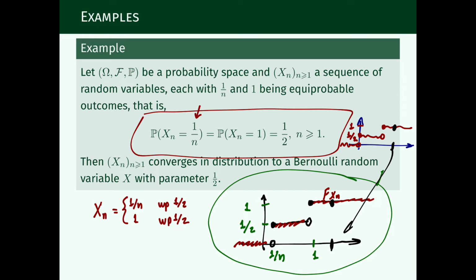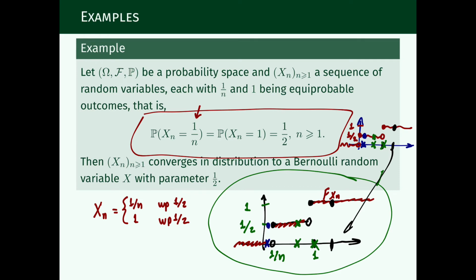If we fix any point smaller, then it also converges, because here it is 1/2 and here it is eventually 1/2.